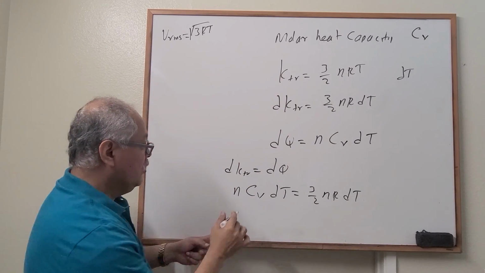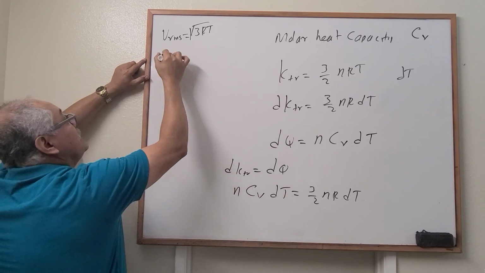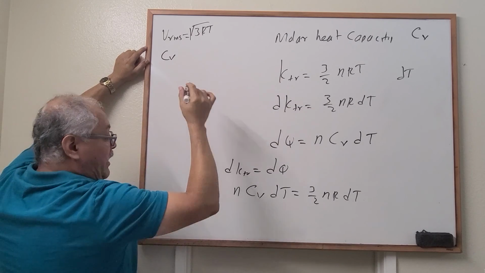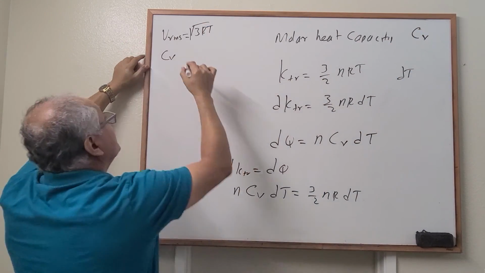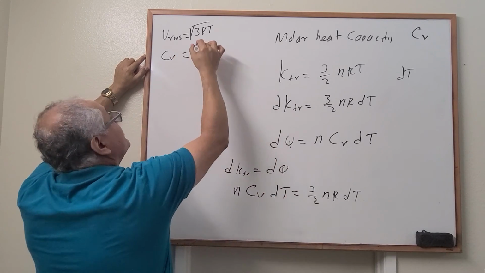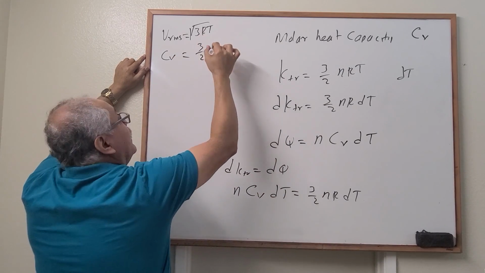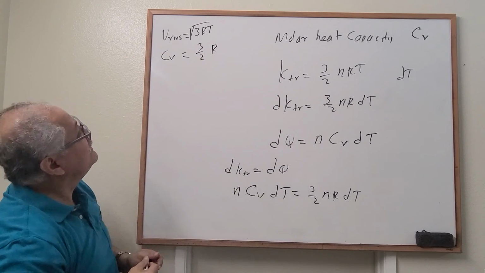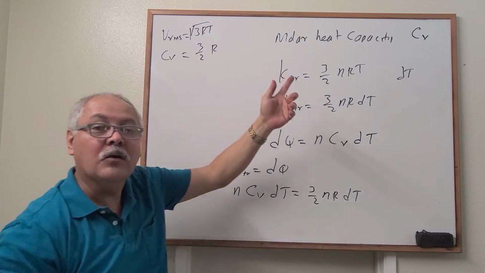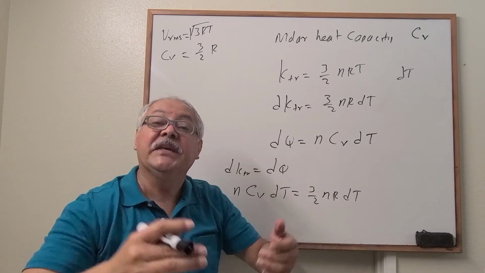From here, we conclude that the molar heat capacity at constant volume is equal to 3/2 R. Later we have one more, constant pressure, and that's for the next chapter.